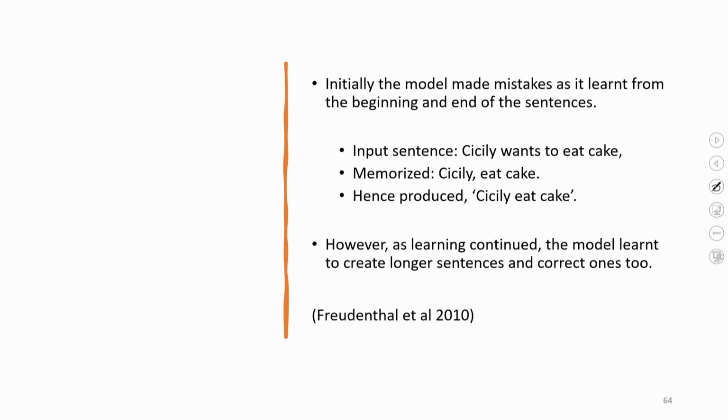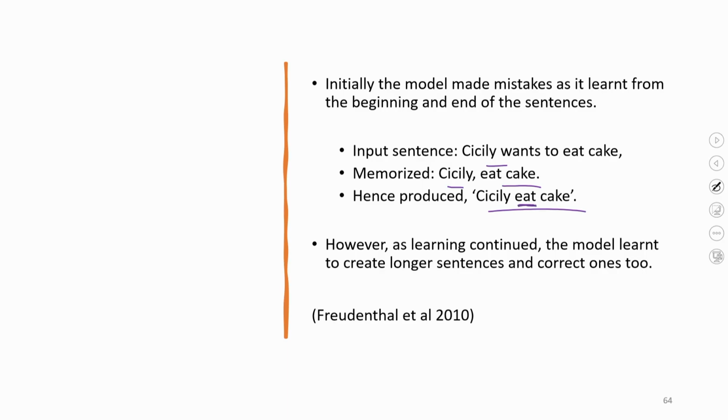In a sentence like this, quoted from the work, Cicely wants to eat cake, what the model memorizes is Cicely and eat cake, and hence the model gave an output like Cicely eat cake. If that is how the model is memorizing, then initially it will create the bare word, with no inflection.